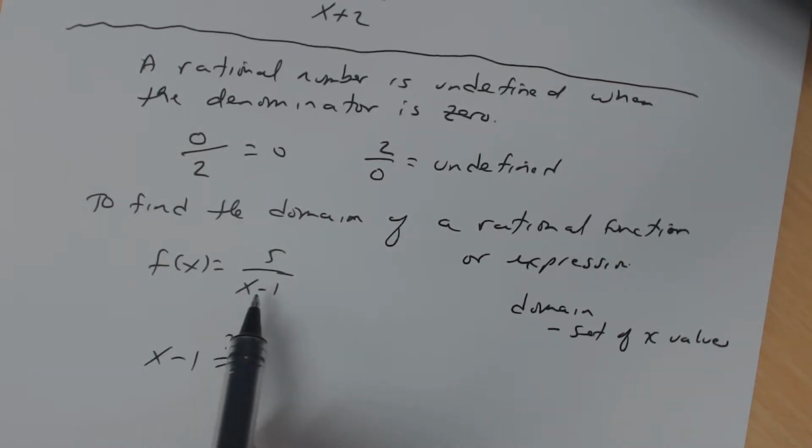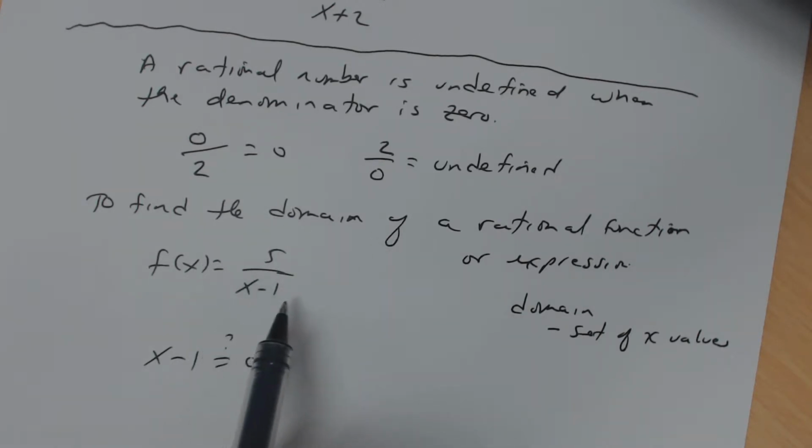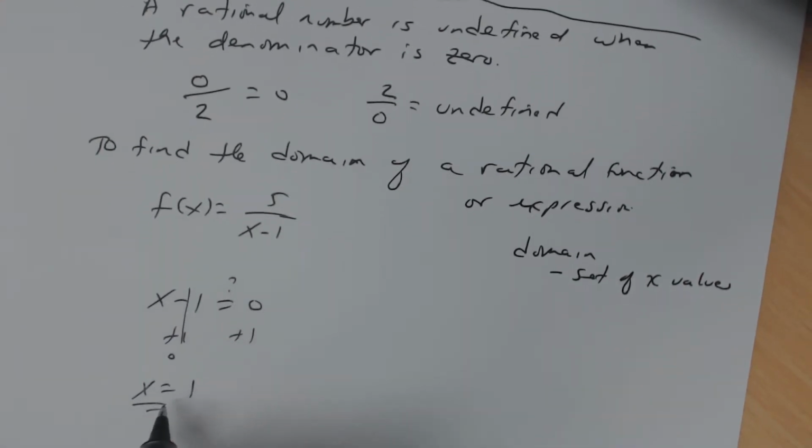But in many instances, you will not be able to look at this real quickly and determine that. So to determine the domain of a rational function, first take the denominator, which is x minus 1, and set it equal to 0. You're going to solve this equation. To get x by itself, I add 1 to both sides, combine like terms, and I get x equals 1.